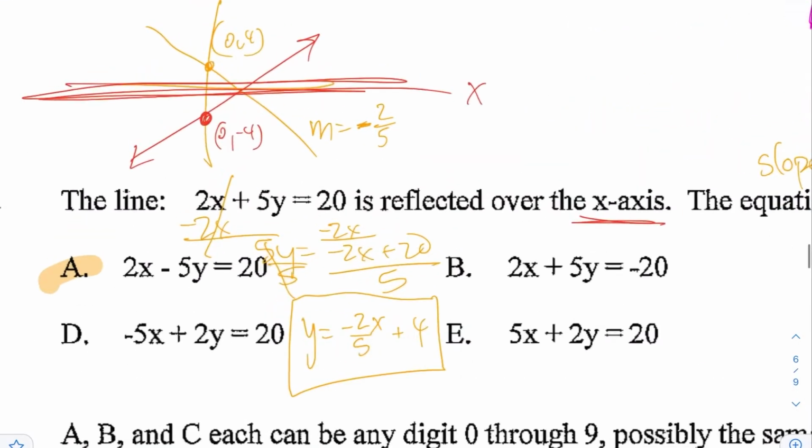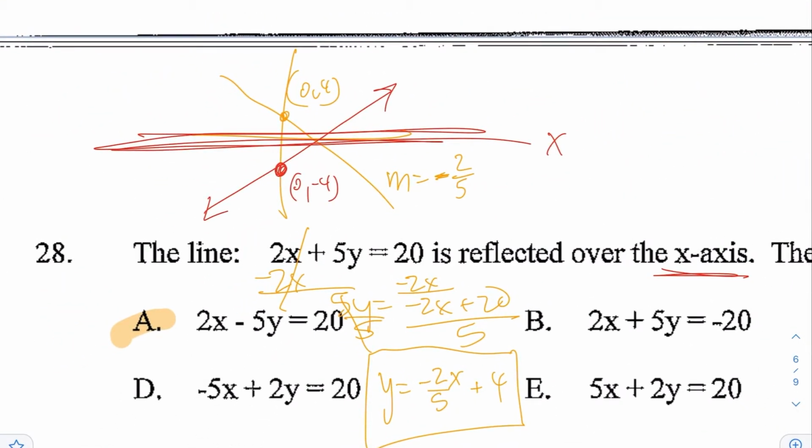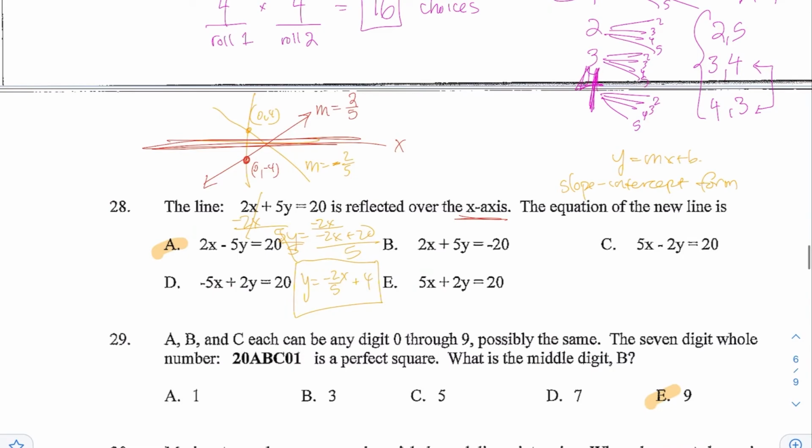When you have a slope of negative 2/5, you have to negate it, and this will turn, instead of going down 2 and right 5, you'll go up 2 and then over 5. So this line will have a slope of positive 2/5, and the y-intercept is (0, negative 4).